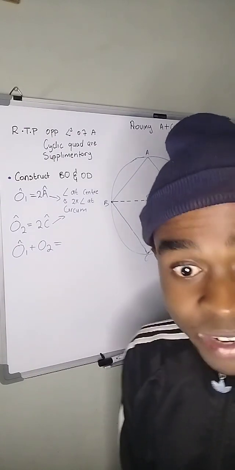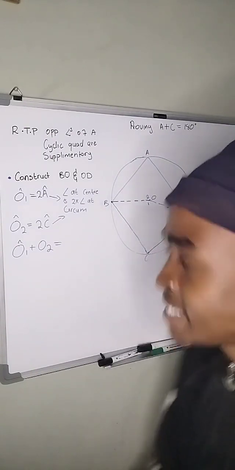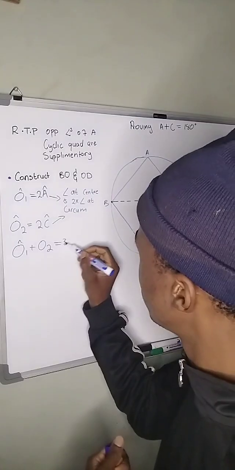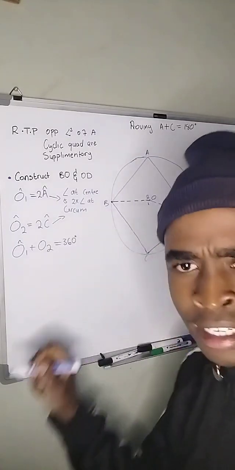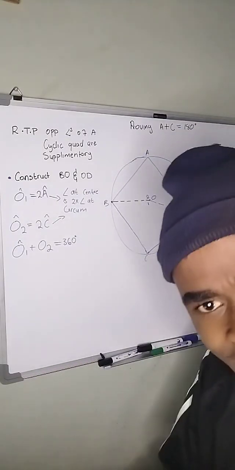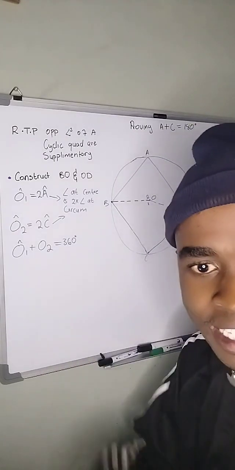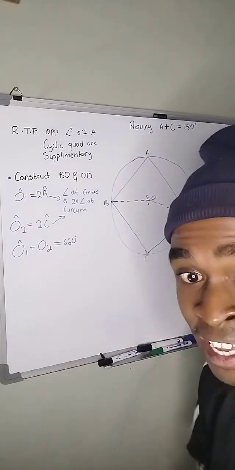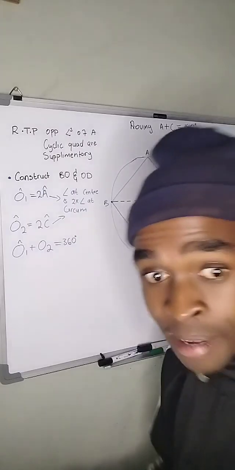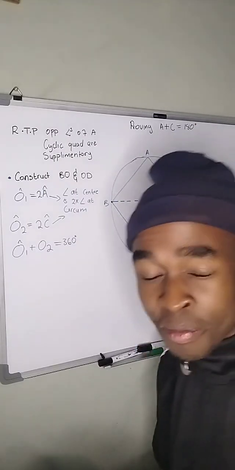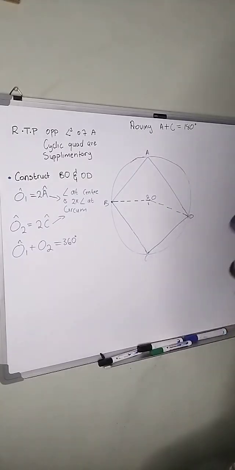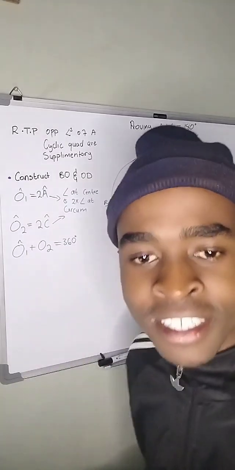Yes. It's going to be equal to 360, right? This is going to be equal to 360. And what is the reason for that? It's going to be the angles at the point, the angles around the point. 360.